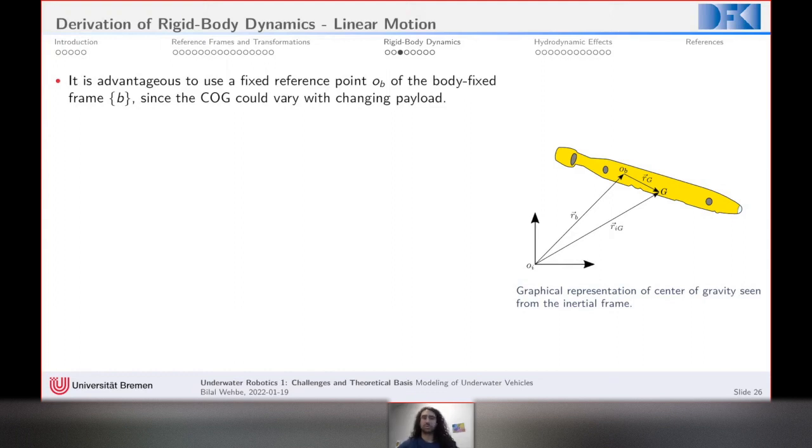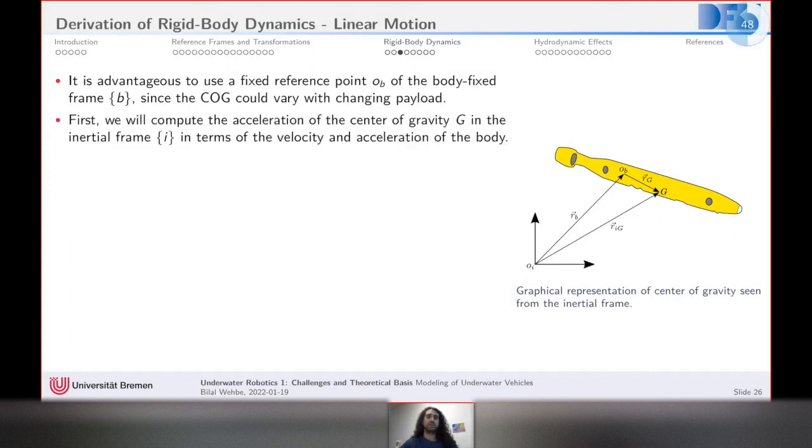So this is what basically we'll be doing here briefly. First of all, let's define an inertial frame with the center O_I, and then an arbitrary origin point O_B on the body frame, and the center of gravity is going to be G. And we are just going to have the following geometric representation of the vectors r_B, r_IG, and r_G.